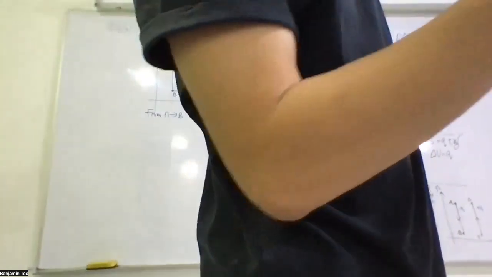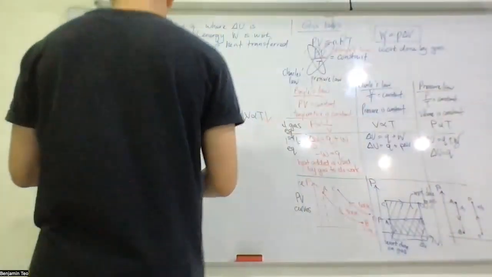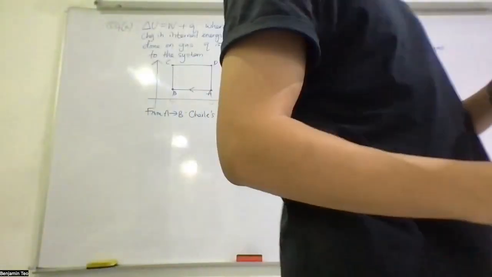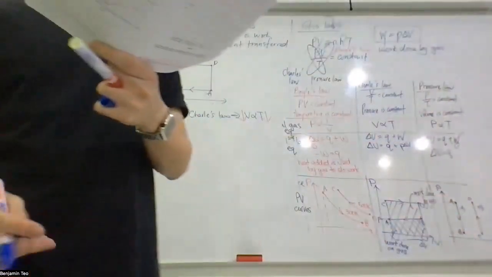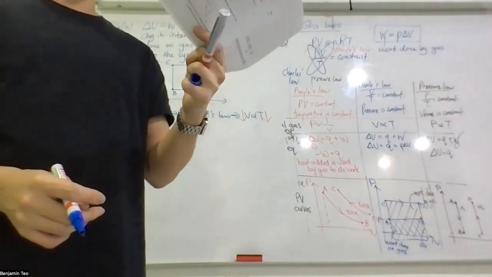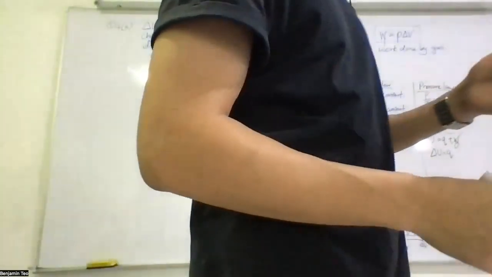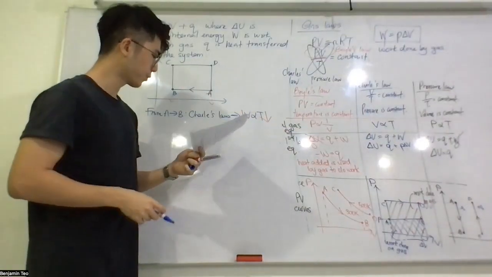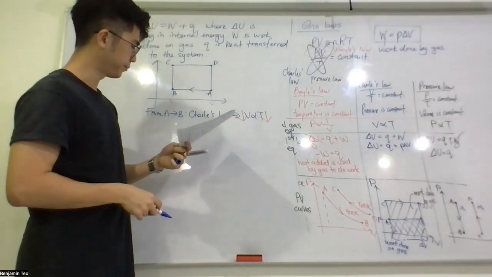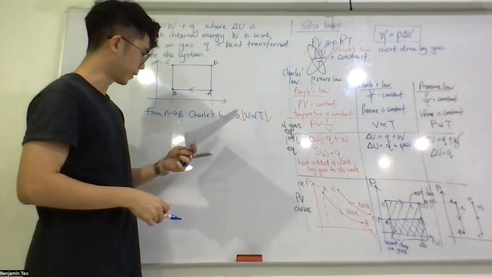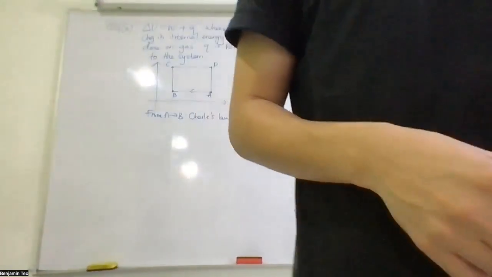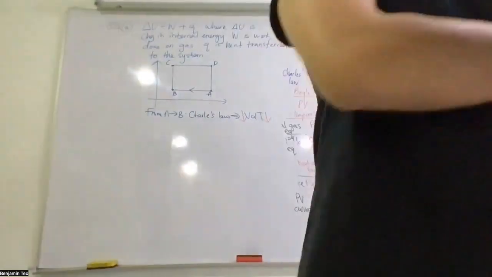So the change in internal energy is a decrease. What about the work done on gas? Negative, 0, or positive? It's positive work done, because the volume drops. That is from A to B.